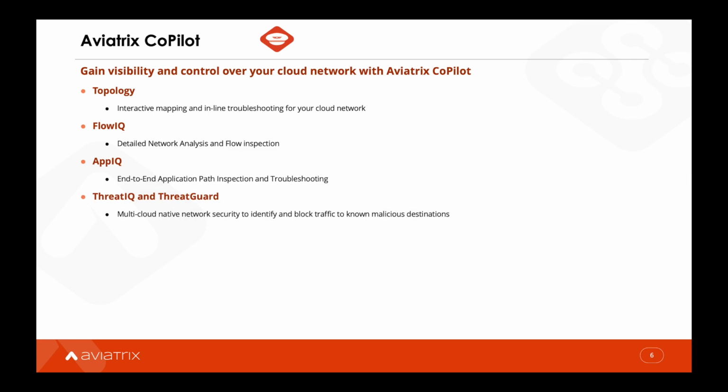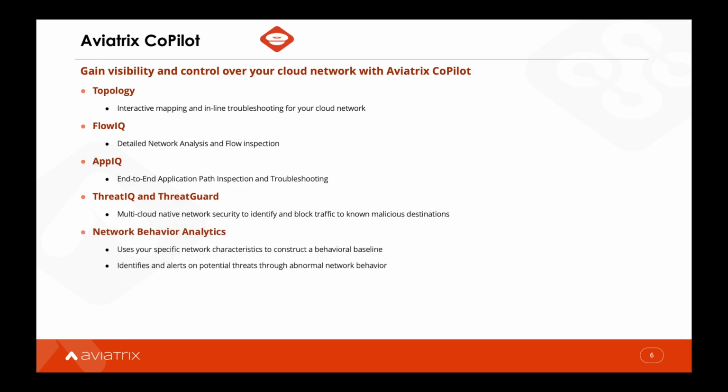ThreatIQ and ThreatGuard provide real-time threat intelligence and remediation, and we'll go over this in more detail in a separate section. Network Behavior Analytics provides workload and network traffic fingerprinting to create a customized network activity profile that can be used to alert against anomalous network behavior. And we'll go over this topic in a dedicated section as well.